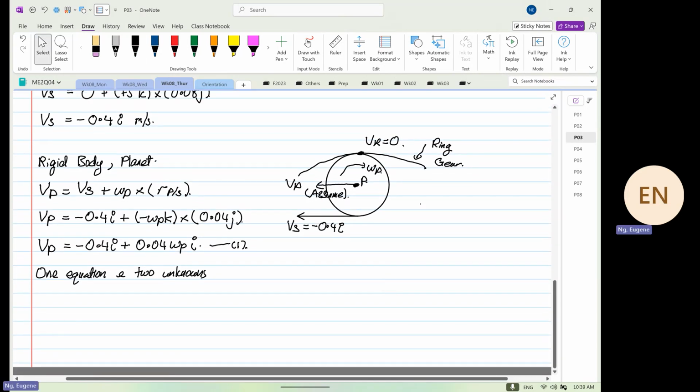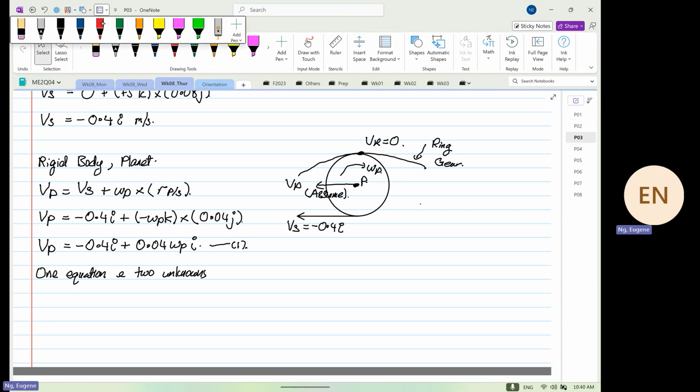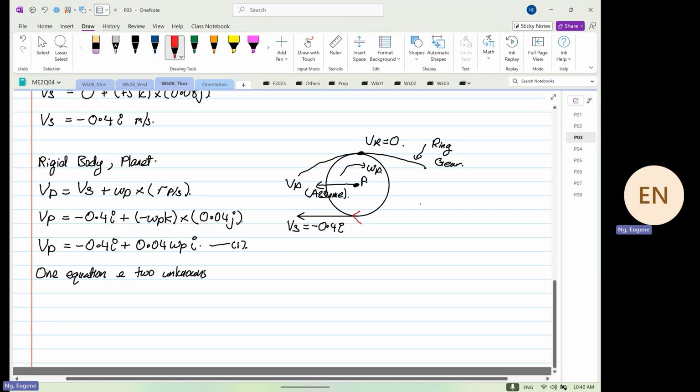Then the next thing that we can do, so what we did earlier, I'm going to draw a different diagram. We analyzed this point over here, and then we analyzed this point over here. So we need another set of equations.